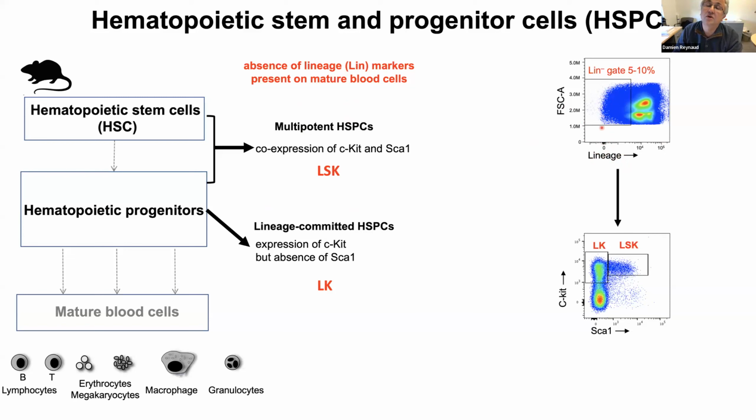The classical way to analyze these lineage-negative cells is through the expression of two markers, c-KIT and SCA1. All the multipotent progenitors, which include hematopoietic stem cells and multiple MPPs, are present in the LSK compartment, which co-expresses KIT and SCA1, while the lineage-committed HSPC are mostly or exclusively present in the population which expresses KIT but not SCA1, called LK here.